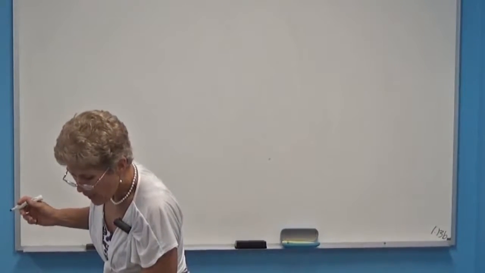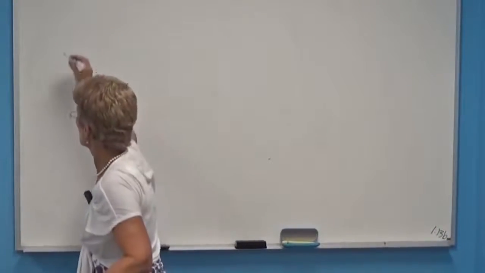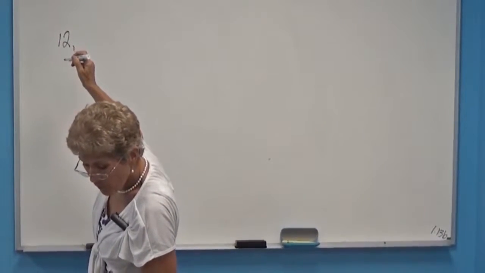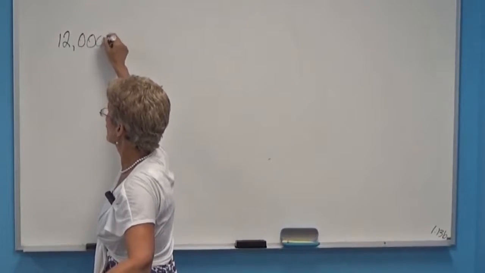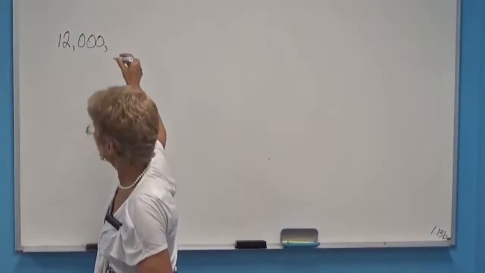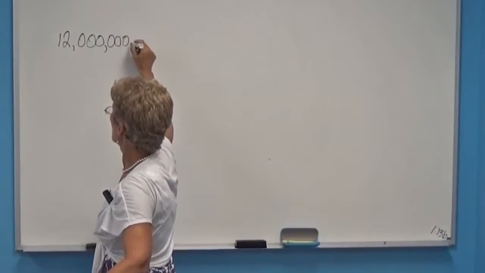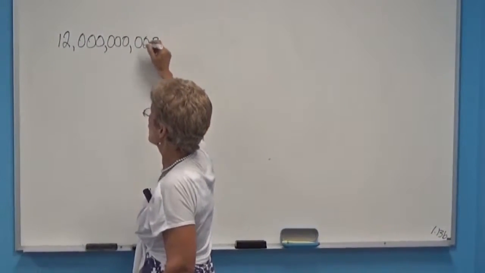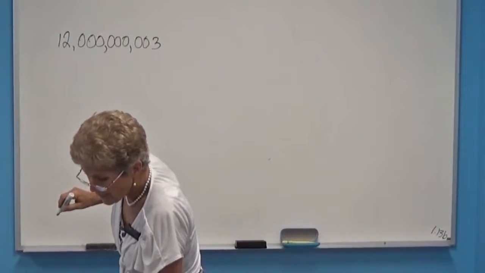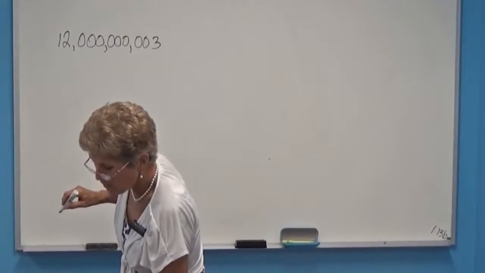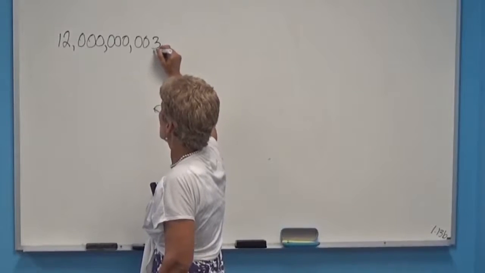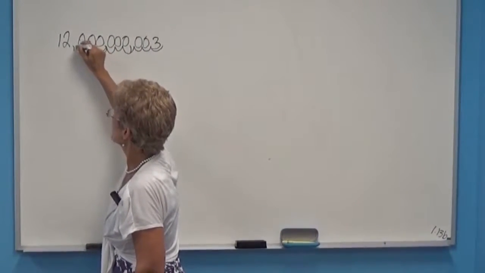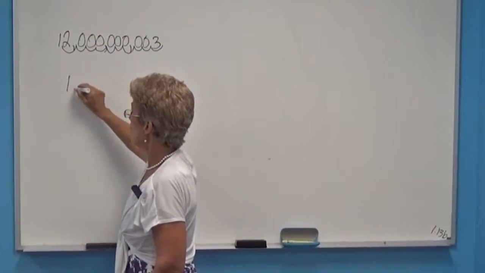We have, wow, a really long number. Million, billion, 12 billion, 3. And we're going to do this in scientific notation. So we're going to take it 1, 2, 3, 4, 5, 6, 7, 8, 9, 10. So 1.2.